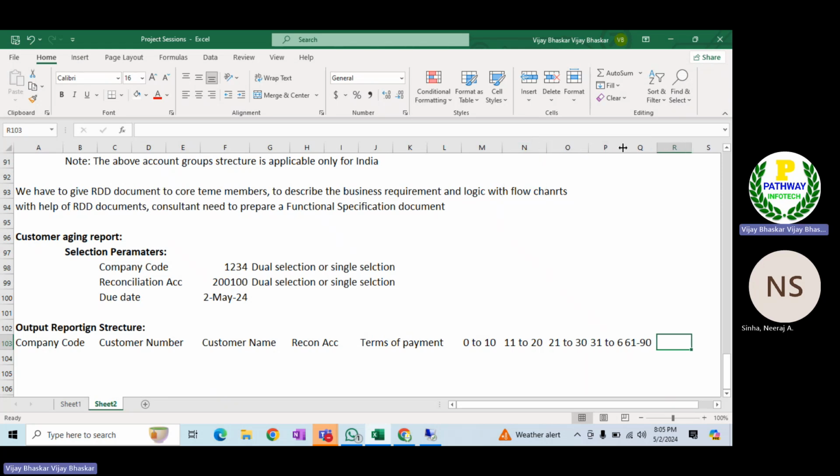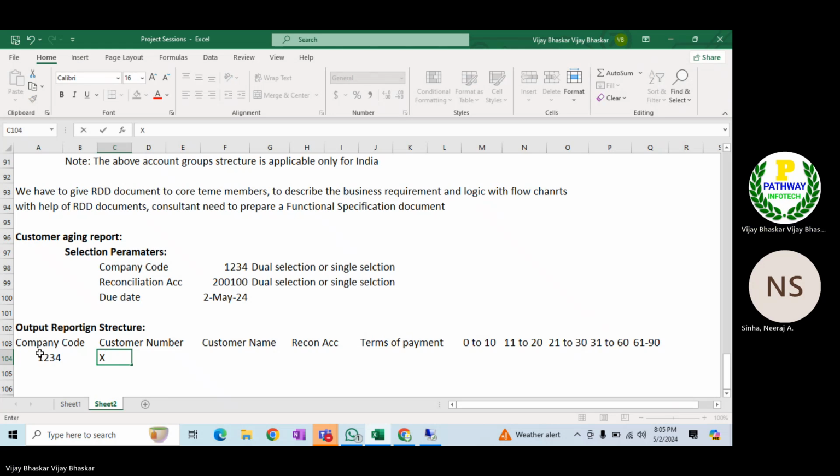So now what will happen here? In my reporting structure, let's say the company code is 1234. Then the customer number is, let's say, X999. Then the customer name is, let's say, testing.